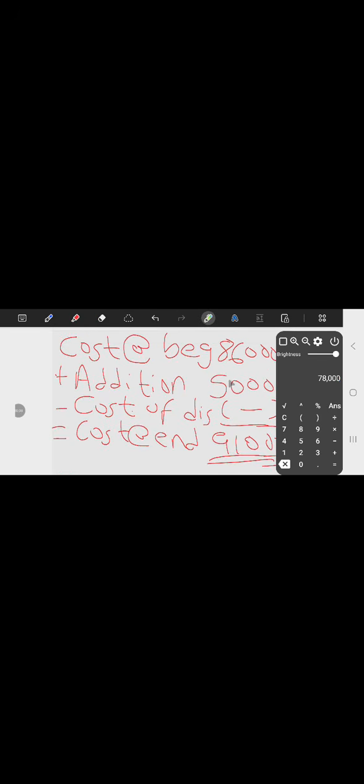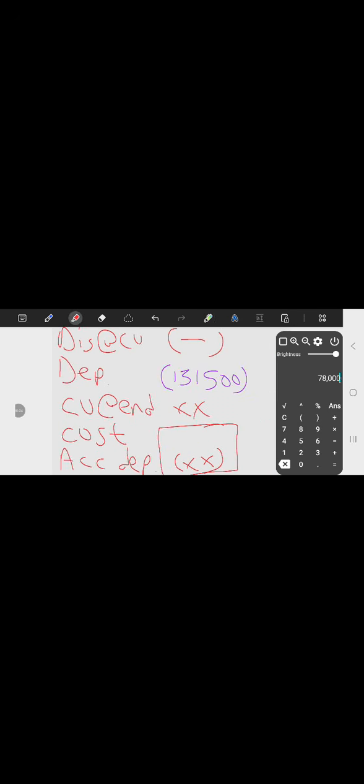Cost at the beginning plus addition minus cost is equals to cost at the end. It's just fortunate that in this particular question the examiner gave us the 910 already. So you are going to put here 910,000 and then your accumulated depreciation at the end.